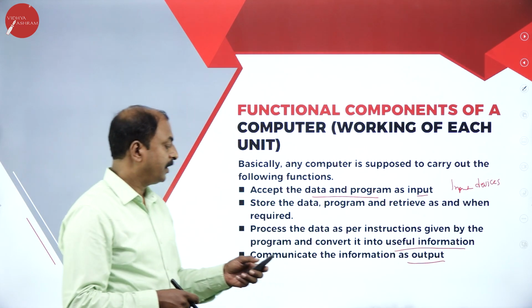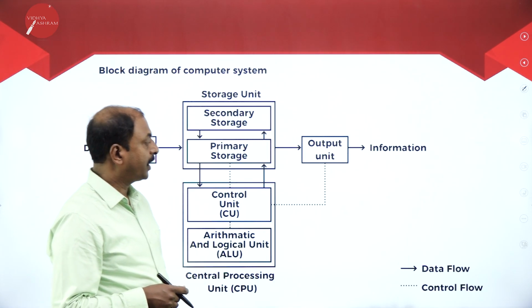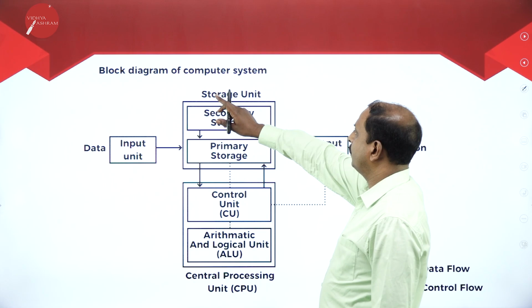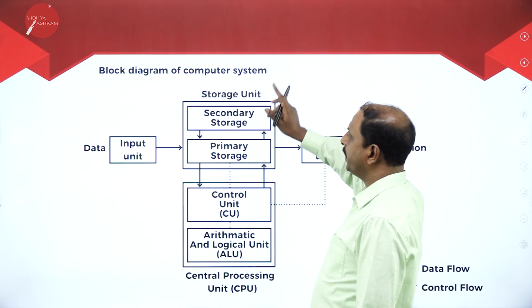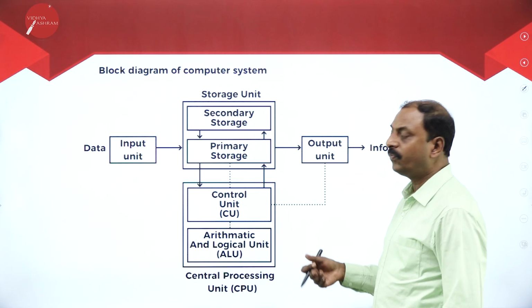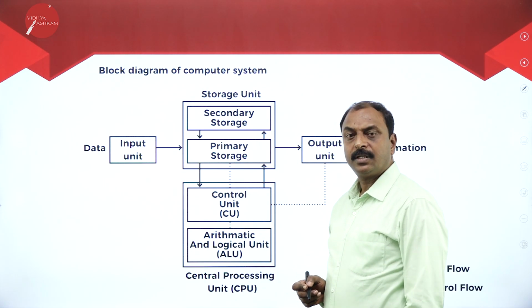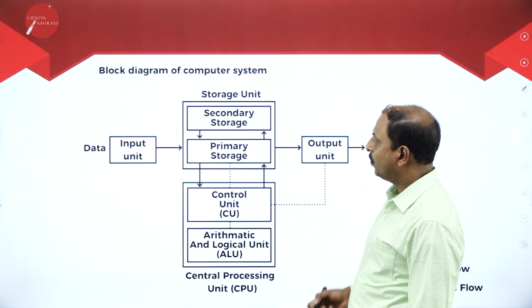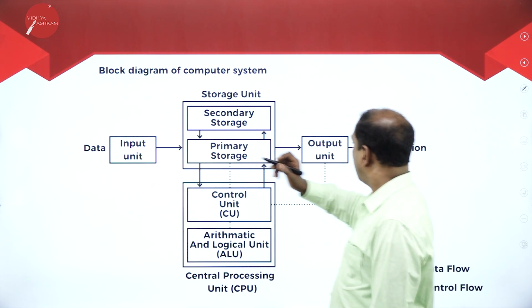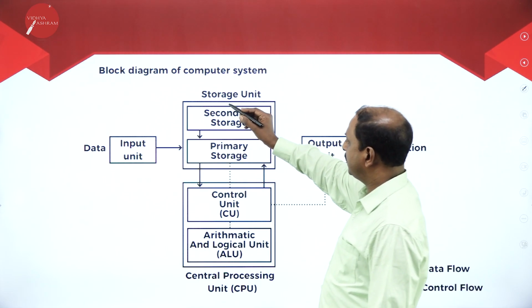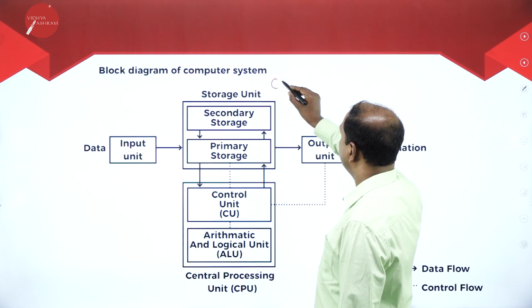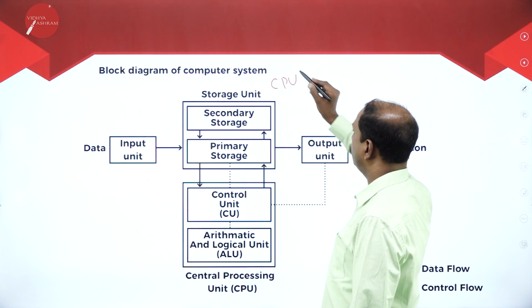So now look at the block diagram of a computer system. The block diagram of a computer system indicates how a computer functions. As I told you, there are three parts in a computer system: the input unit, the output unit, and the CPU.